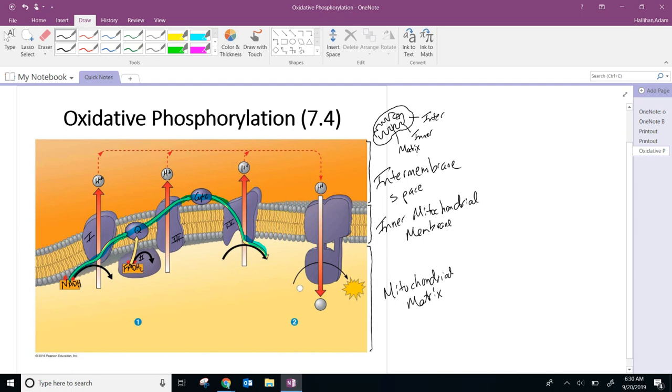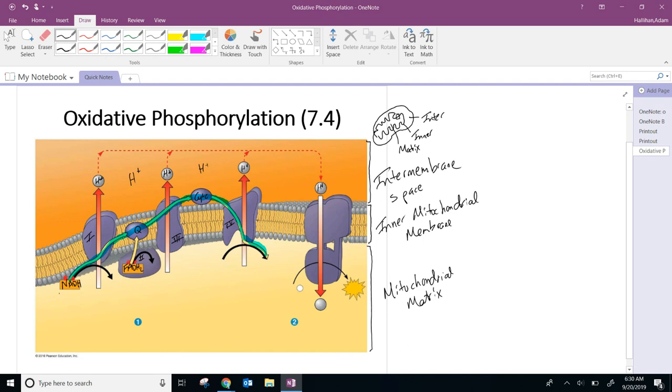What are they carrying? They're carrying electrons, right? When they carry the electrons, they use the energy of the electrons to transport H plus ions to create what we called in our previous unit a concentration gradient. Okay, so we're basically concentrating all those H plus ions up here in the intermembrane space. I can even add some more up here.